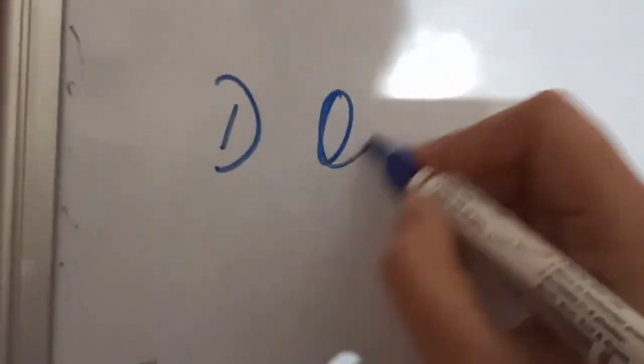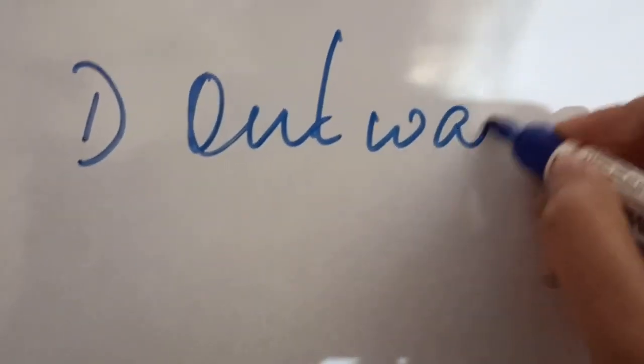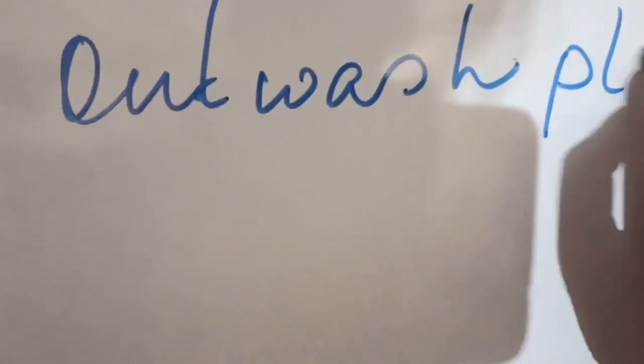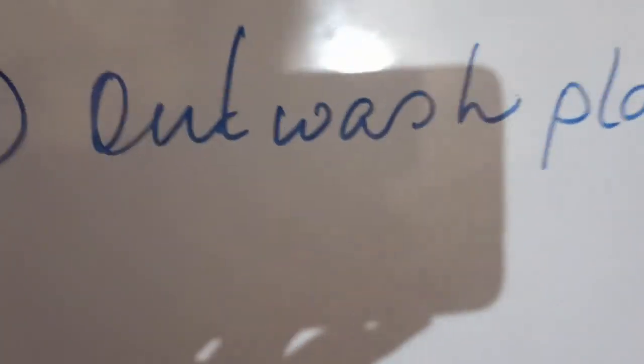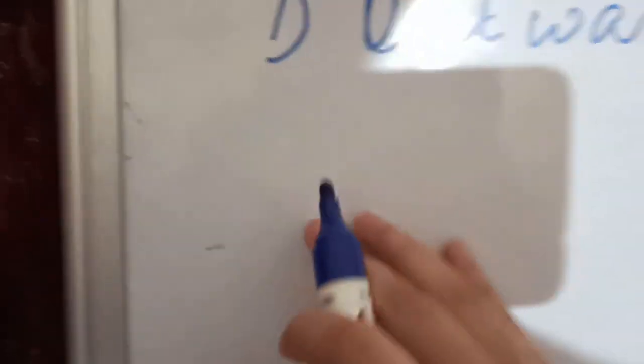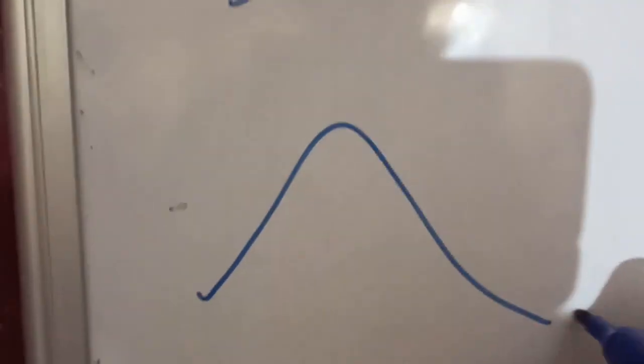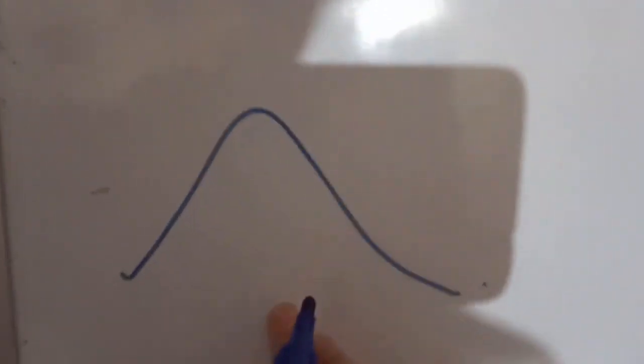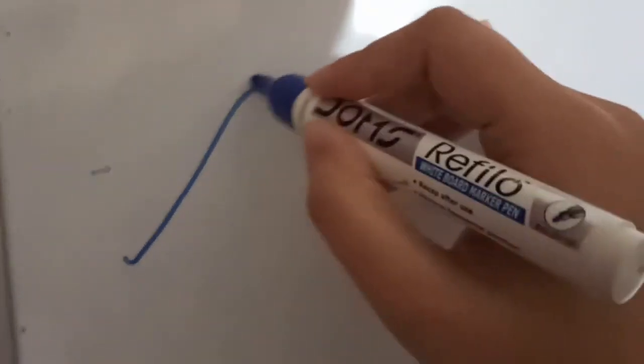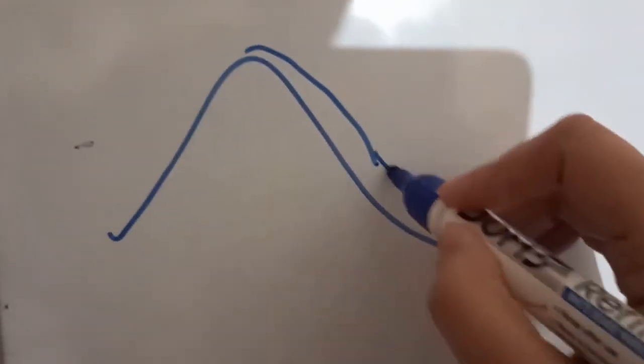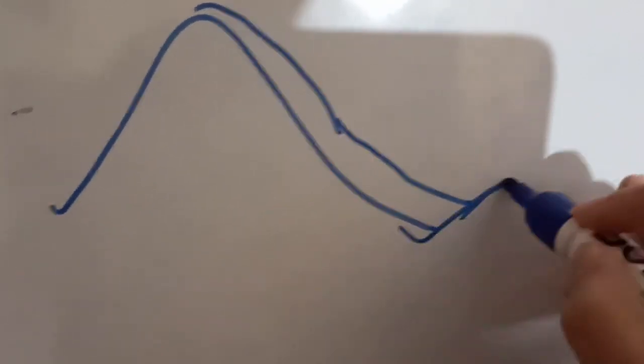Okay, so the first glacier fluvial feature that we have is an outwash plain. Okay, so what's an outwash plain? An outwash plain is formed when, for example, this is a mountainous region or a river zone, and the glacier that flows from the mountain comes to the foothill zones or the lowland region.